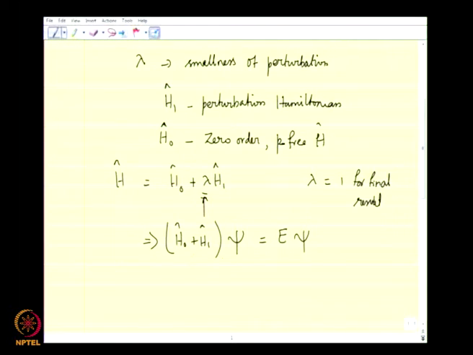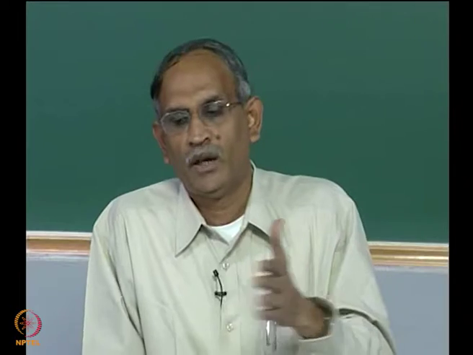To do that we keep this lambda in between and then obtain the solutions in the form of lambda, lambda squared, a power series in terms of various powers of lambda, and then we can order these perturbation corrections. Okay.